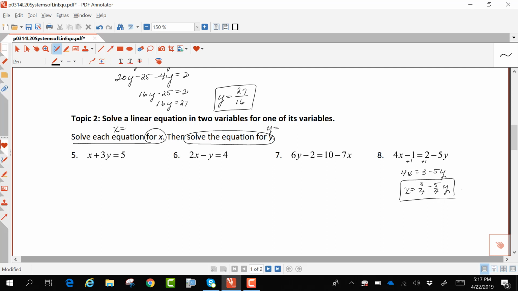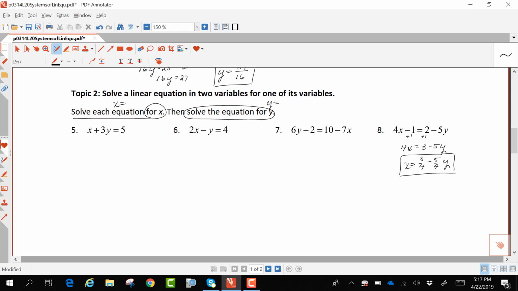Part B states to solve for y. I can start where I just left off, or I can begin from the given equation. If I continue from the x equals version of the equation, solving for y, I would subtract 3/4 off of each side of the equation. And then to eliminate the fraction, I would multiply everything times 4.